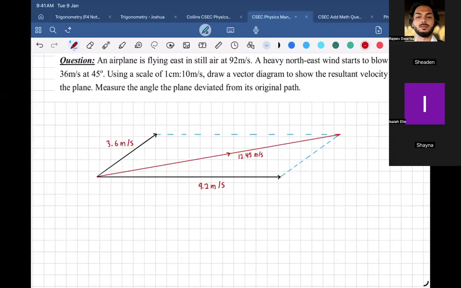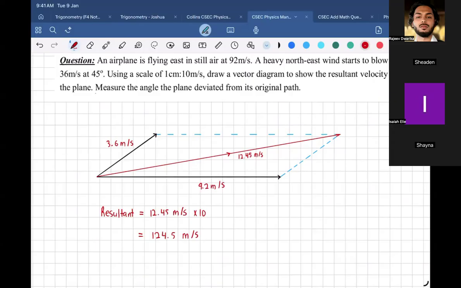And so therefore the resultant will be equal to 12.45 meters per second multiplied by 10, and that would be equal to 124.5 meters per second. But I want you all to realize something.